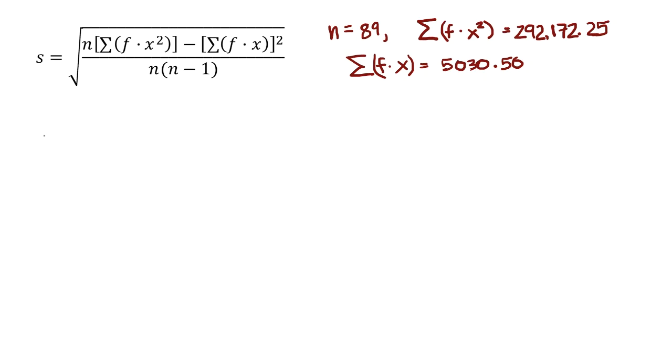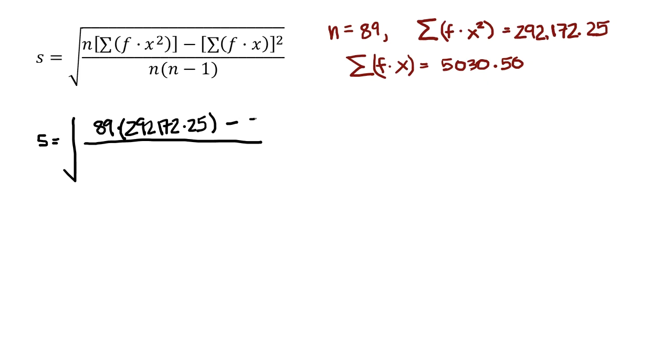So now I can plug into my formula, so I know S equals overall square root, and I'm just going to do the whole numerator first. So I have 89 multiplied by a really big number, 292,172.25, minus 5,030.50, all of that squared.